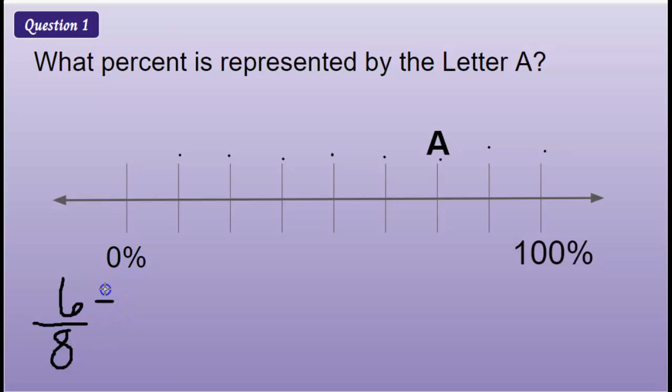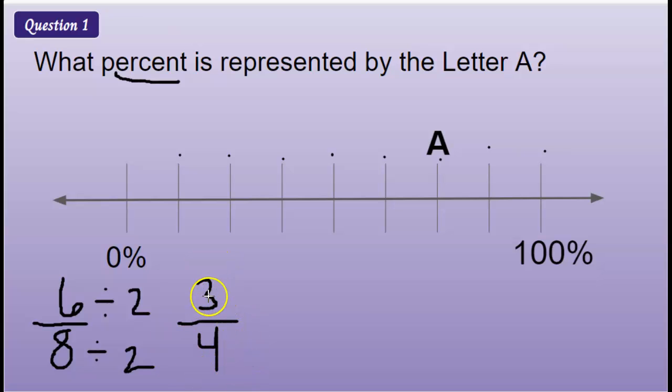Now I like to simplify my fraction before I keep going to find my percent. 6 and 8 can both divide by 2, and I end up with 6 divided by 2 is 3, and 8 divided by 2 is 4.